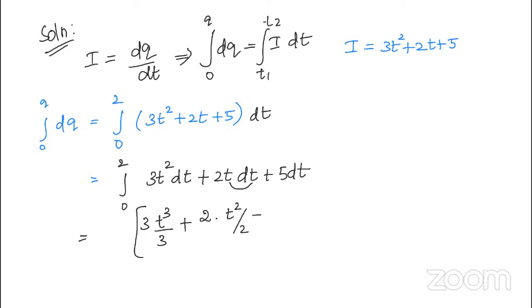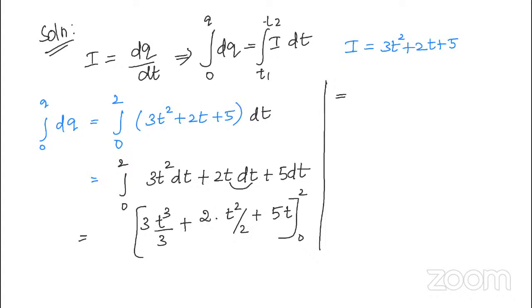Plus 5 dt, which when integrated becomes 5t. Now enter the limits, 0 to 2. Next step, we apply the limits to t.